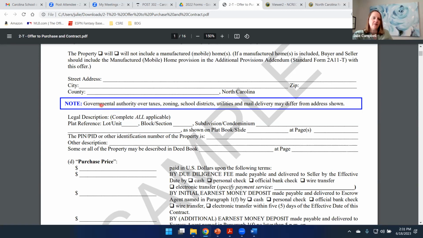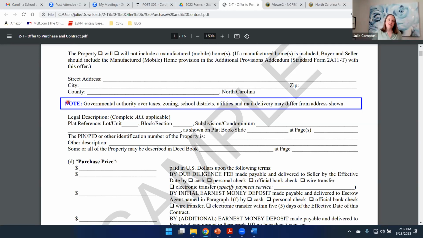8 years ago, 10 years ago, I don't know, time gets away from me. They added to a lot of our forms these blue notes, and in a minute, we're going to see some red warnings. Blue notes and red warnings are designed to draw our attention to it. They're not meant for us to overlook it and ignore it. So the first blue note we see has government authority over taxes, zoning, school district, utilities, and mail delivery may differ from the address shown.